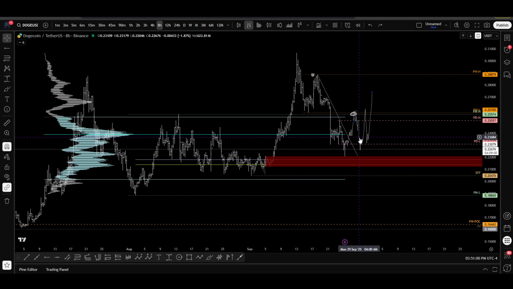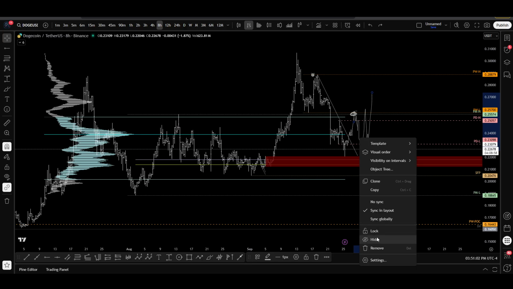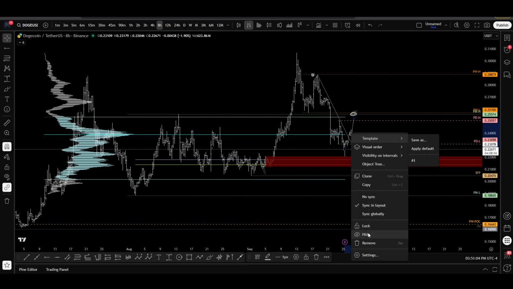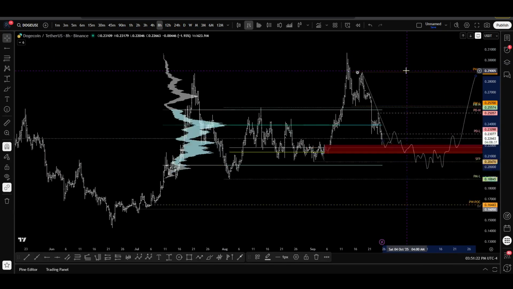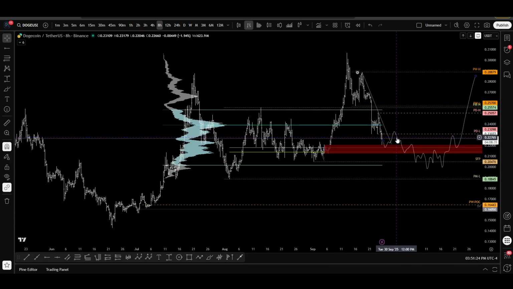Actually, I'll go ahead and hide this so later on I could see what happened with that. All right, so I wouldn't be surprised to see Dogecoin eventually make its way down, sweep these lows, reclaim before eventually moving higher, right? So that's what I would really like to see.